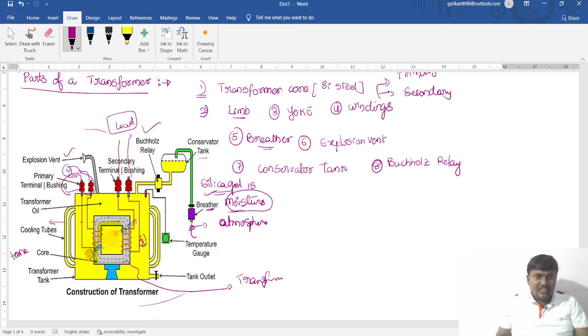So after that is a conservator tank. In the conservator tank, the oil expands when the temperature inside the transformer increases. So here the oil is filled in a tank. When the temperature of the oil increases, the oil expands, while it contracts when the temperature decreases.